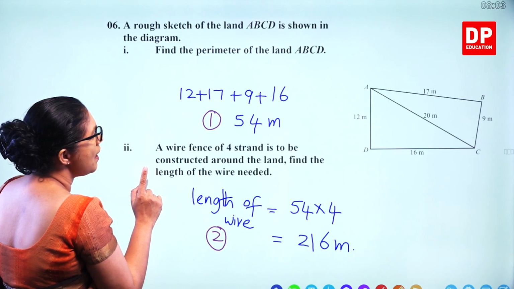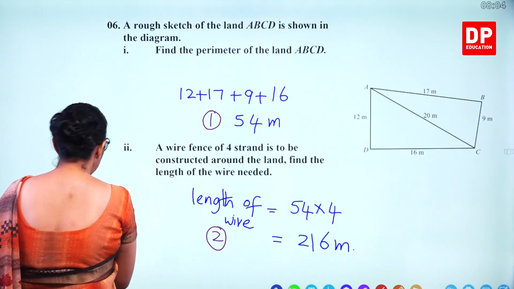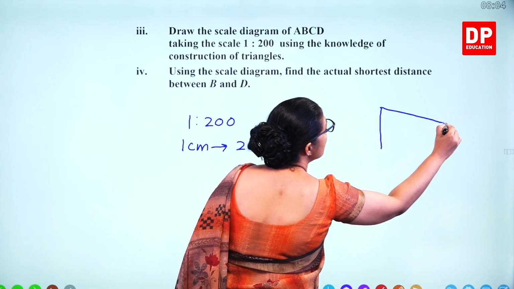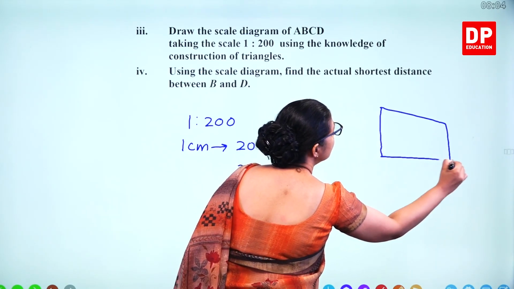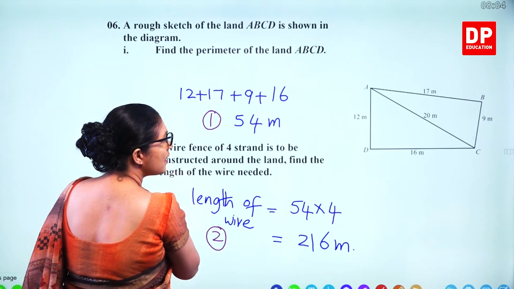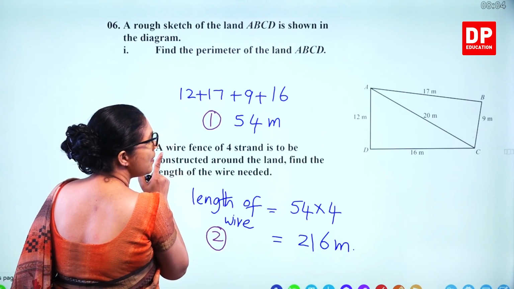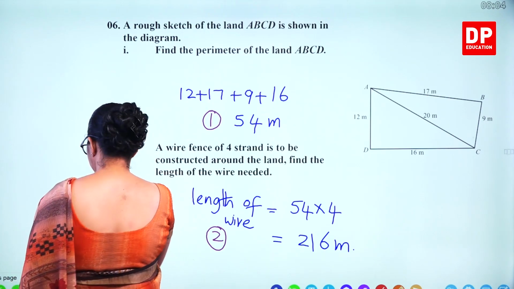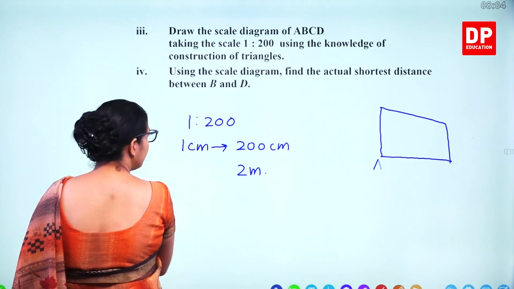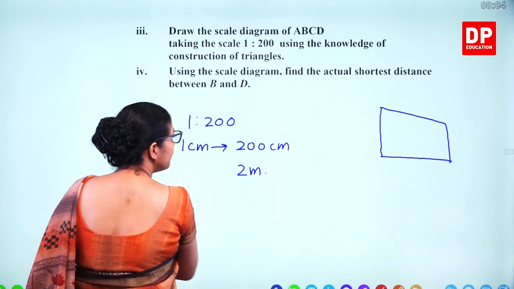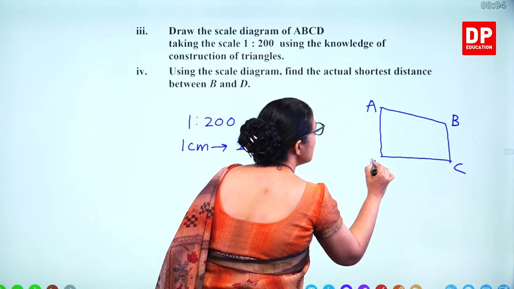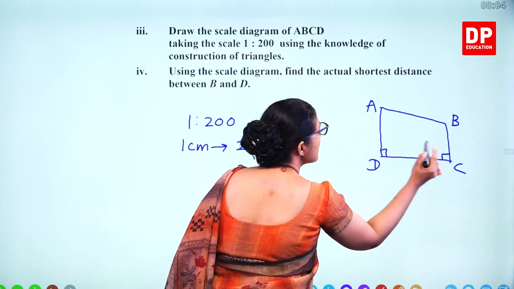You get A, B, C, D. So first roughly draw this. A is above, A, B, C, D. These are 90 degrees.